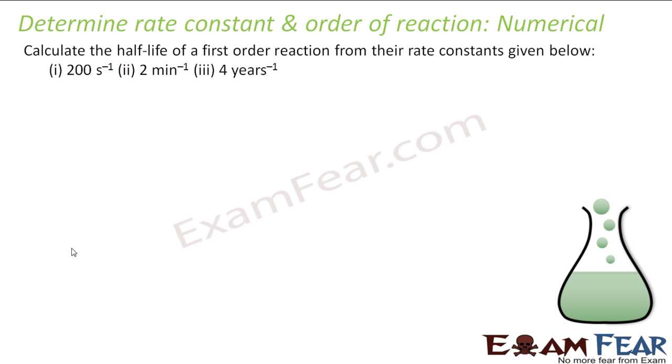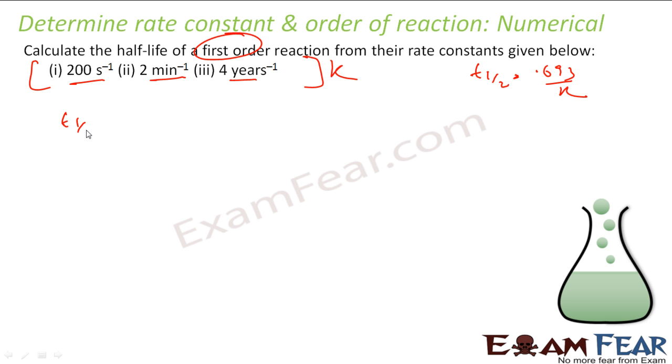Calculate the half-life of the first order reaction for the rate constants given below. These are my rate constants, and I have to find half-life. Pretty easy. It is a first order reaction, so I can just use the formula: T half is 0.693/K. For the first, K is 200 per second. Solve this, you get 3.47 seconds.